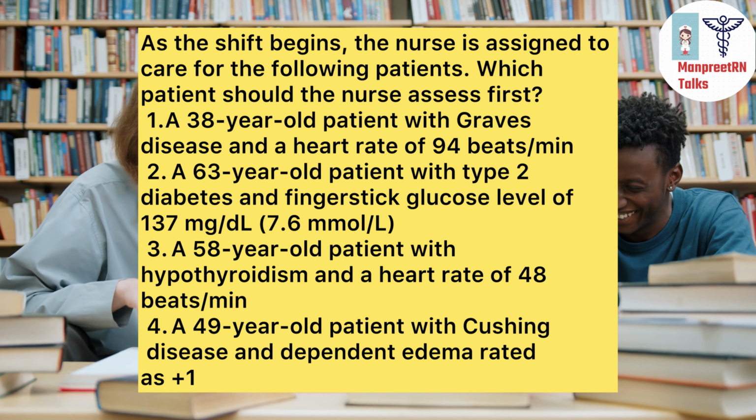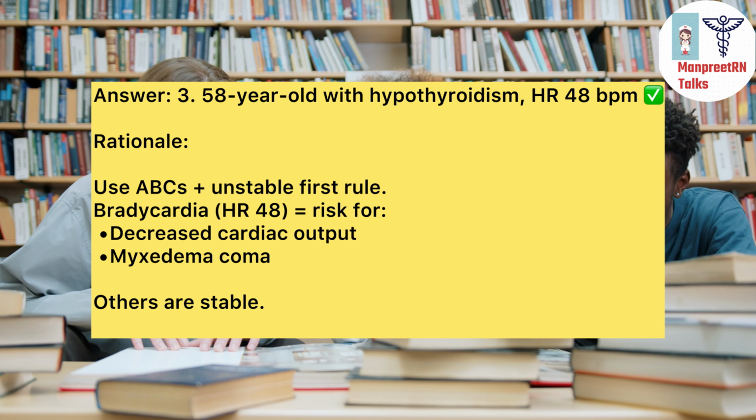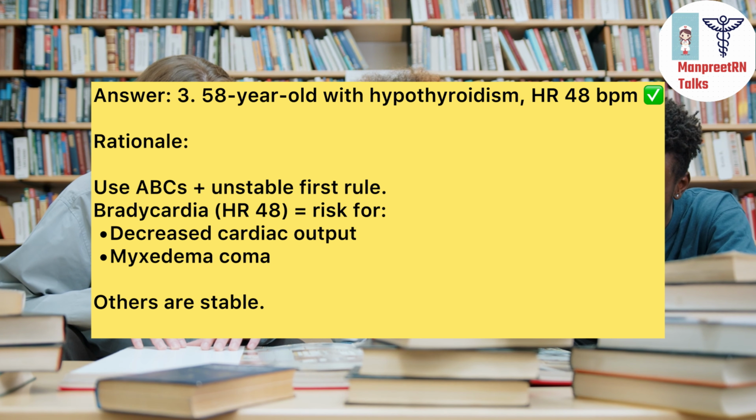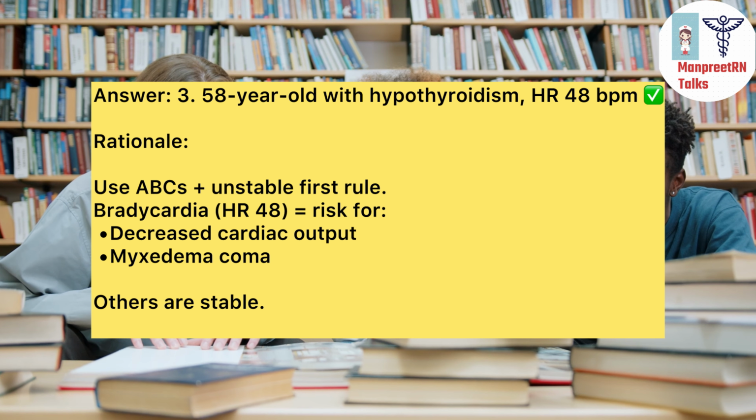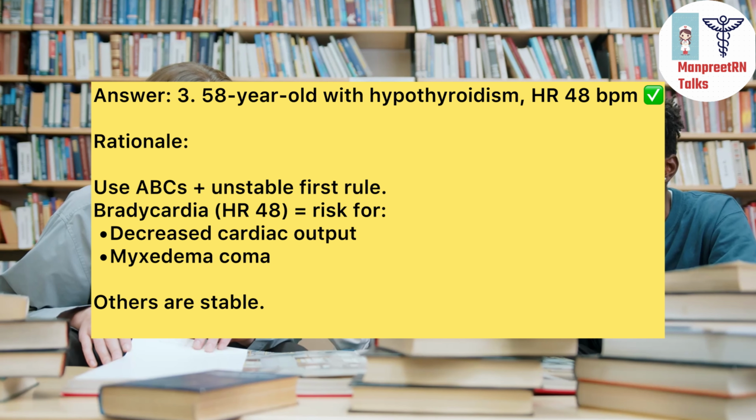So the correct answer for this is option three, a 58-year-old patient with hypothyroidism and a heart rate of 48 beats per minute. Why? Although patients with hypothyroidism often have cardiac problems that include bradycardia, a heart rate of 48 beats per minute may have significant implications for cardiac output and hemodynamic stability.